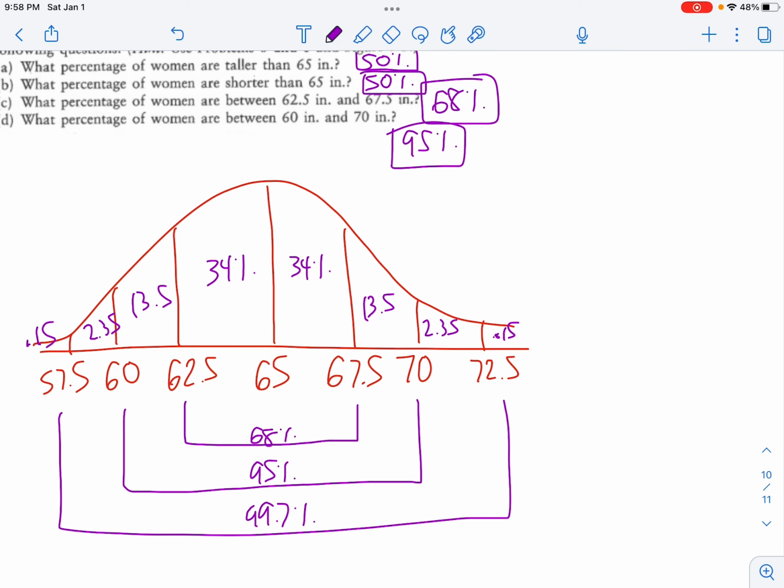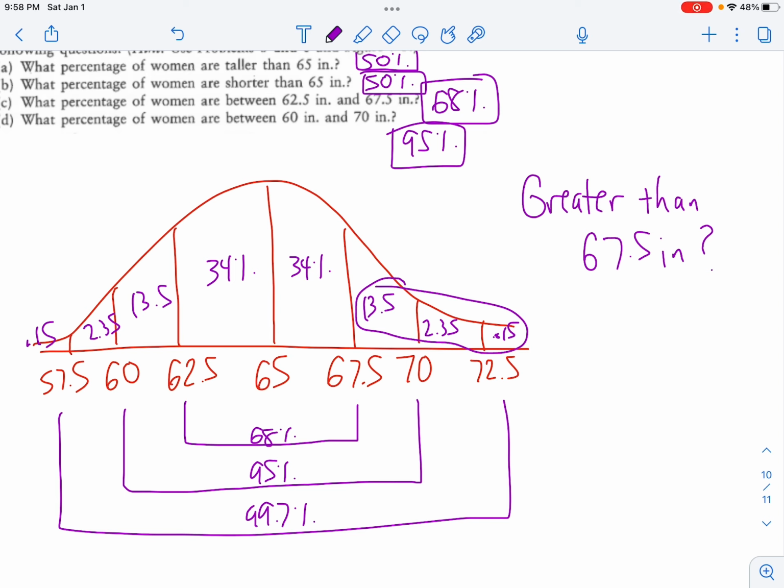It might say greater than 67.5 inches. I just made that one up. So greater than 67.5 would be these three, right? So you would add them up. It's going to be 16%.